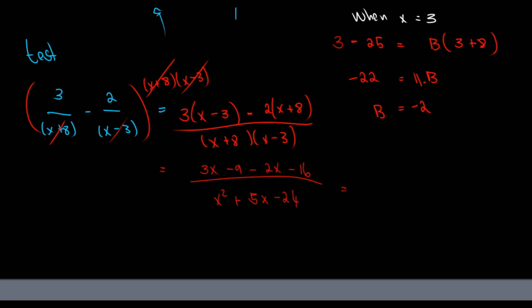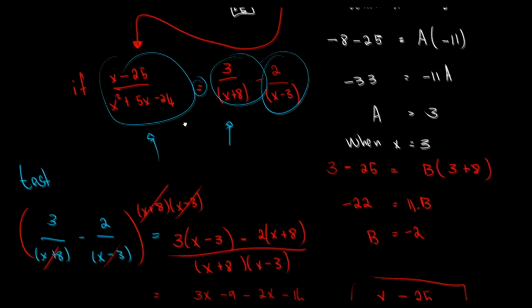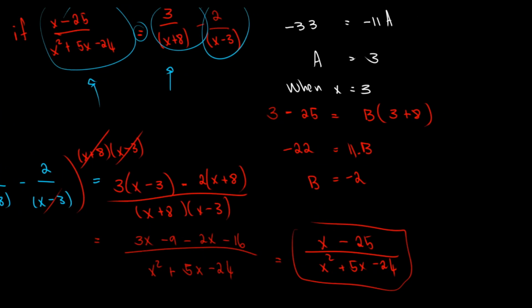When I add these values together, the same unit, I get x squared plus 5x minus 24. Now in this case, that gives me x minus 25.